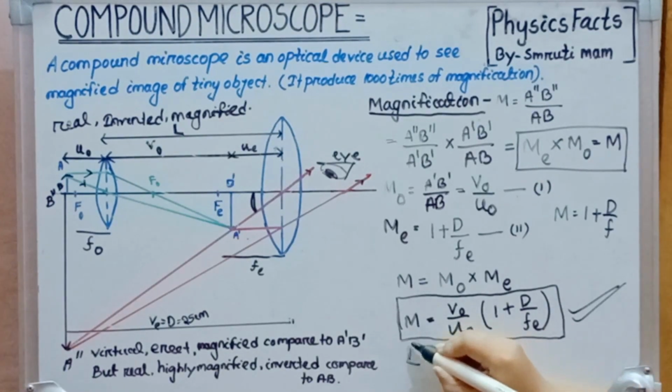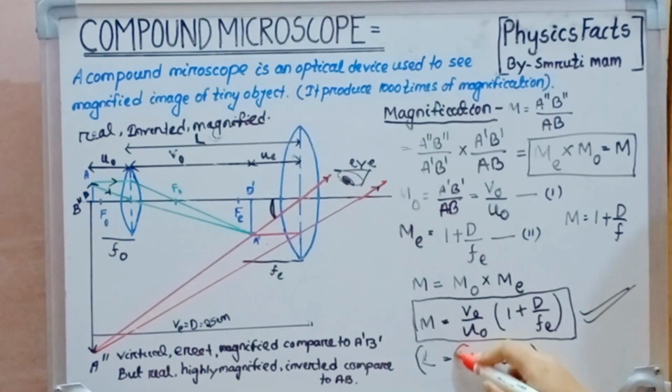VO plus UE, that is length of microscope, or called as length of the microscope tube. VO is the image distance of objective lens, and UE is the object distance.